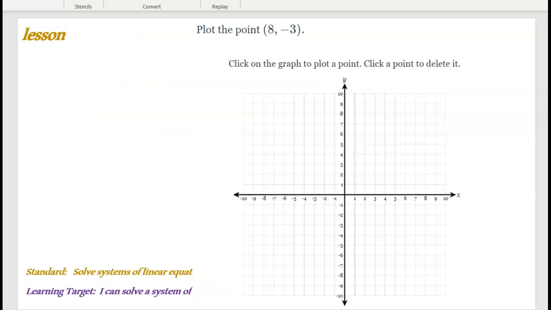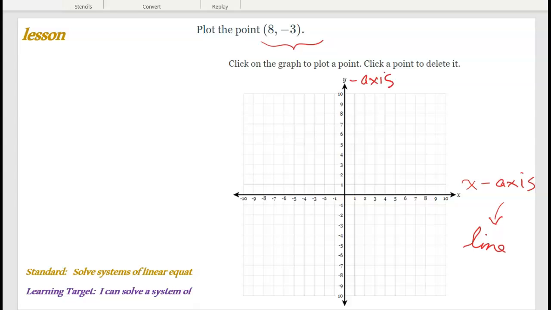All right, so we're going to review how to plot a point. You have your x-axis. Axis is just a word for line, linea. So you have the x-axis, the x line, and then you have the y-axis.